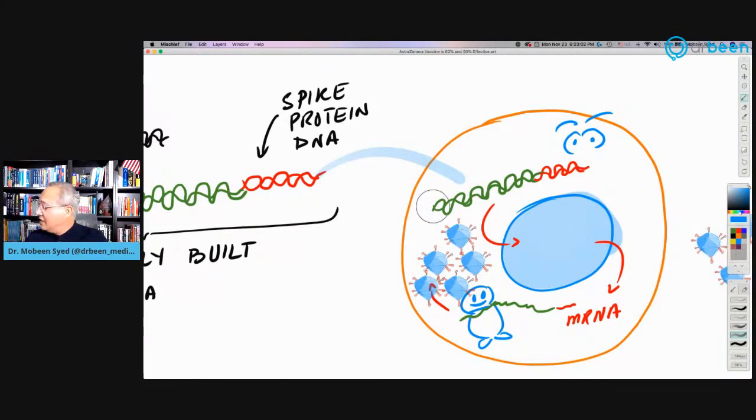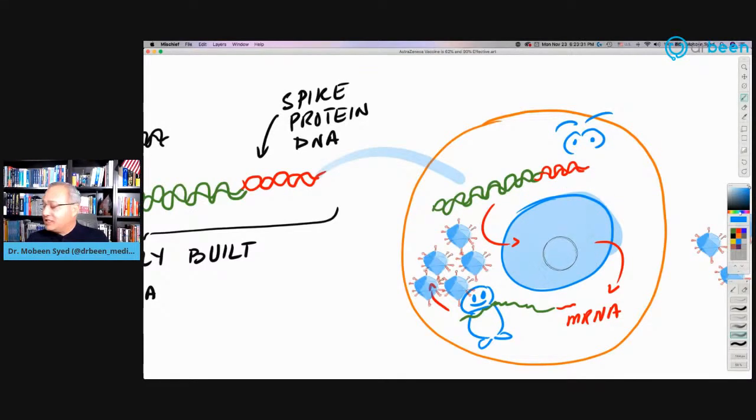That producer cell would have this DNA inserted into its DNA in the nucleus. So this is all engineered. This is why it is not an easy thing for some DNA piece given into us to go into our DNA and change it. It's a very difficult thing. So now this virus DNA with the spike protein DNA is sent into the nucleus.